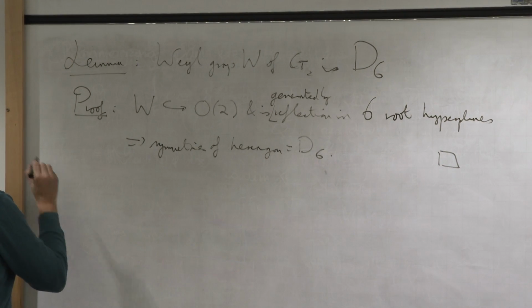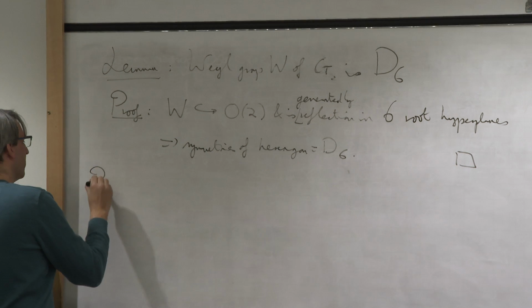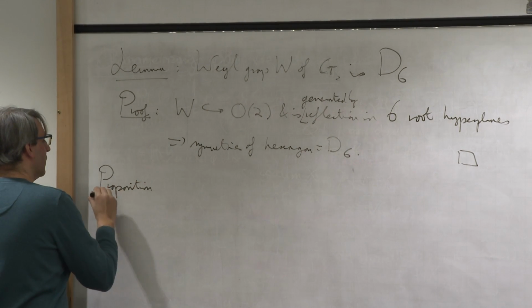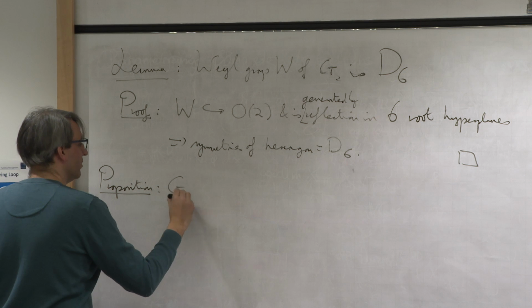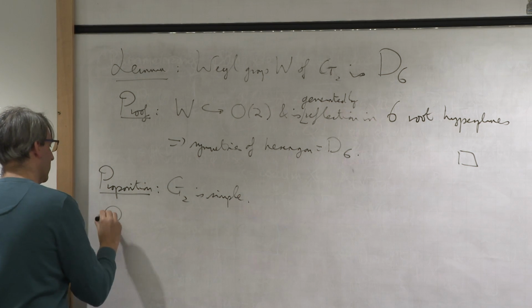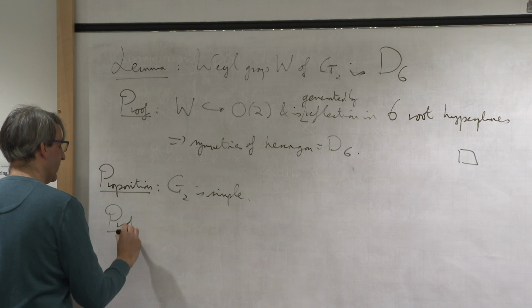And then the last thing is the following proposition. Oh no, 2 things. G2 is simple. So I said that it was, but why is it?